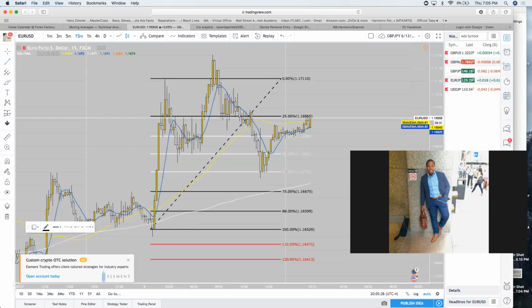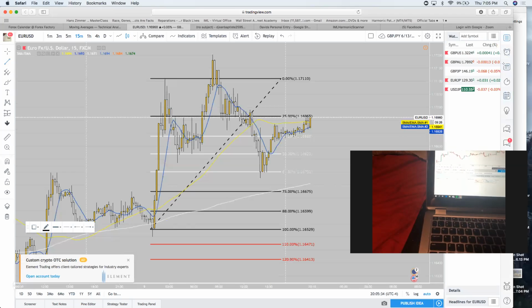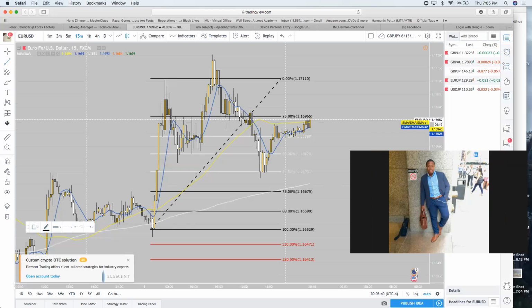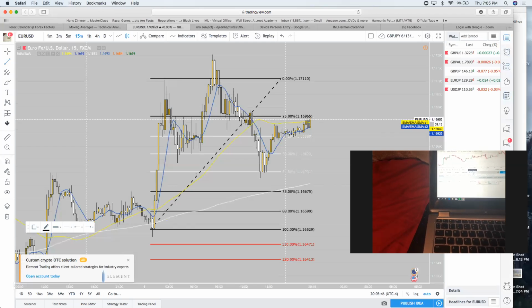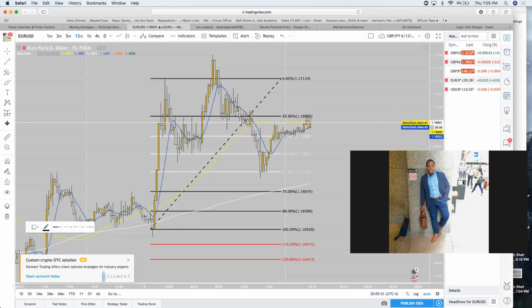All right. On the bottom of your screen, what is that blue indicator? What does that say? Is there publish idea? To the left. No, to the right. Okay. A little bit in the middle. It's right there. Yeah. Paper trading. What is that? I don't know, but it says paper trading. Okay.